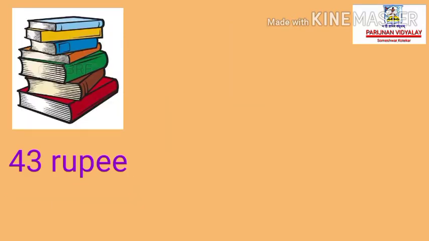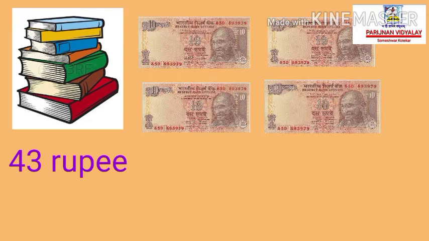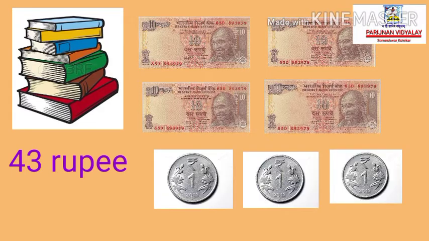Next things are books. Cost of books are rupees 43. Tell me students, how many 10 rupee notes and 1 rupee coins are you going to use? Good. 4 10 rupee notes and 3 1 rupee coins makes 43.